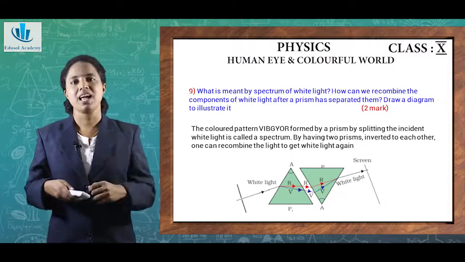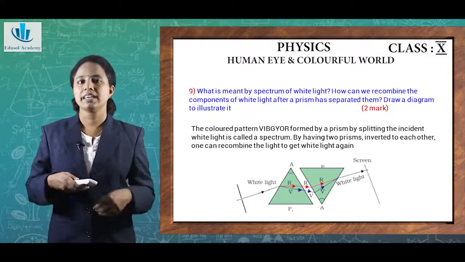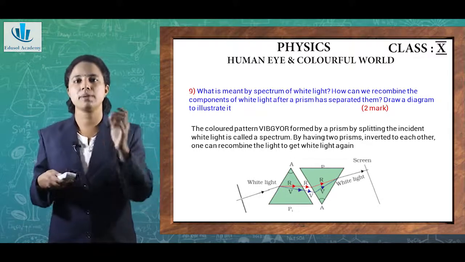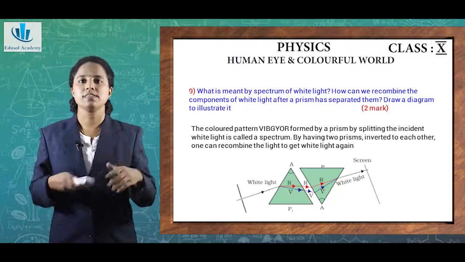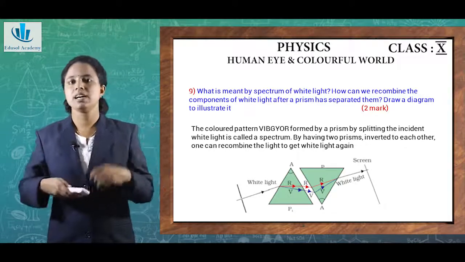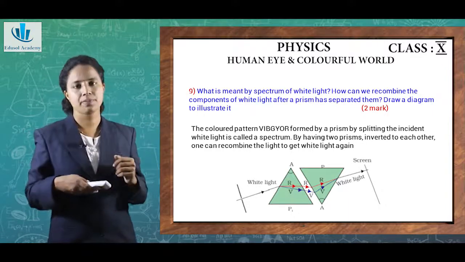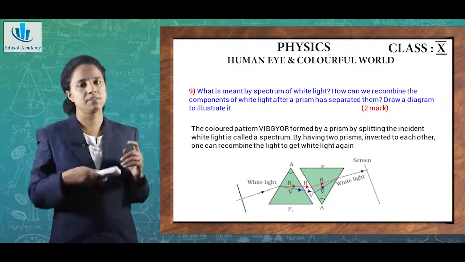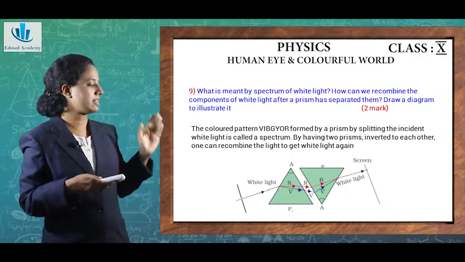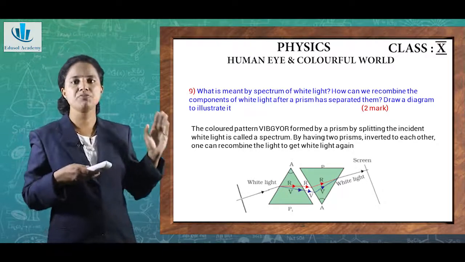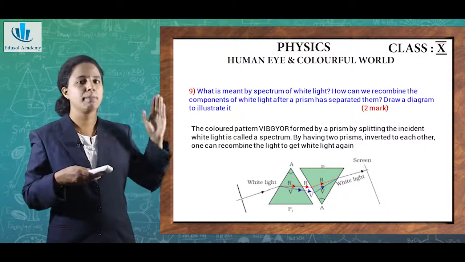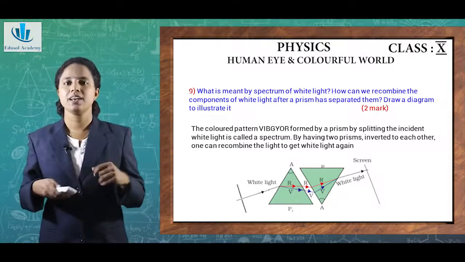a spectrum. And the second part is, can we recombine the components of white light once the prism has separated them? The answer is yes, because from the figure it is clear that first we have placed a prism and white light is incident on the prism, and after the splitting you will get a band of colors on the other side.